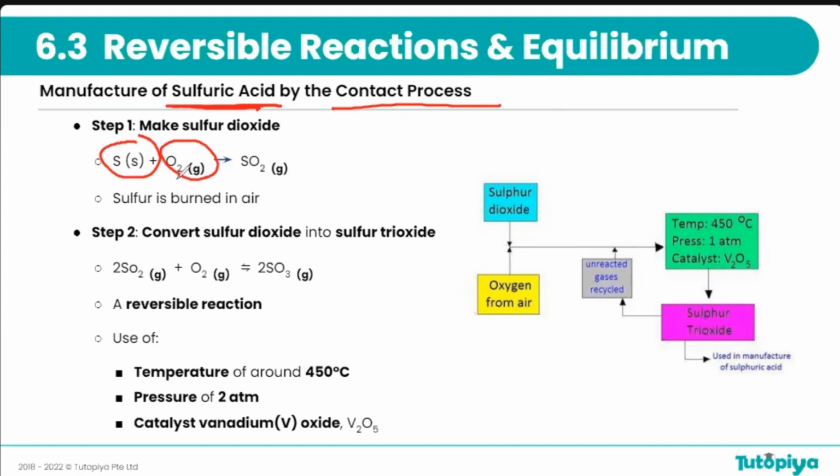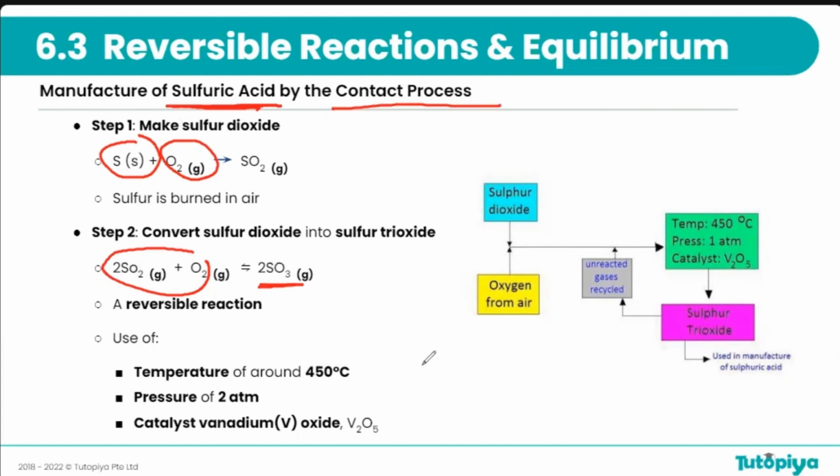First, to make sulfur dioxide, we burn the sulfur in air, and then we have to react the sulfur dioxide further with more oxygen to form sulfur trioxide. Sulfur burning in air is an irreversible reaction. However, the reversible reaction is sulfur dioxide reacting with more oxygen, forming sulfur trioxide.